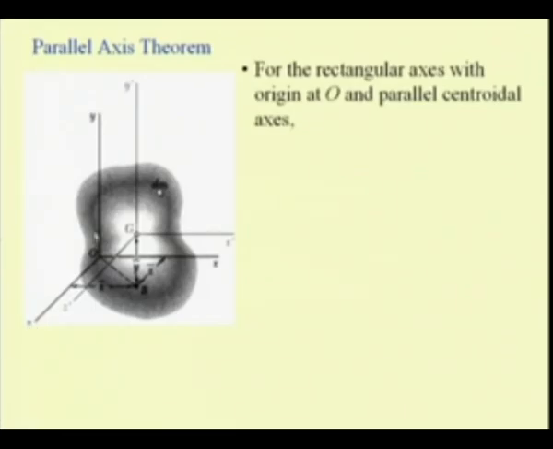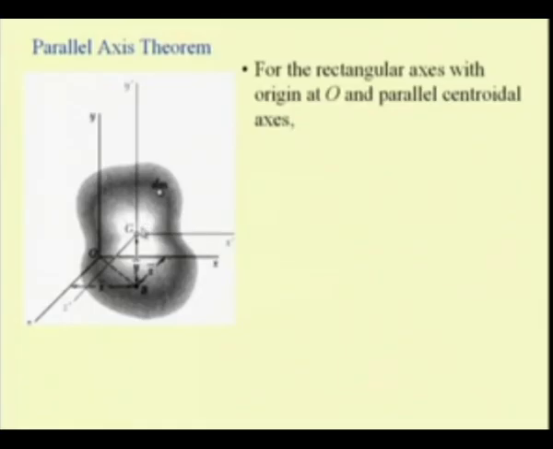O x, O y, O z. Now, let us say we are interested in finding the second moment with respect to an axis system which is parallel to our original axis system. Let us consider this y coordinate or this plane xz, and in the parallel axis system we have the z prime x prime plane.